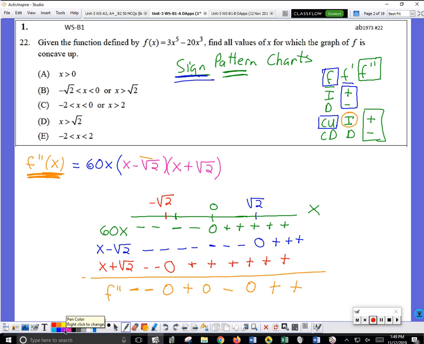So you can make a note of that if you want. So here f is concave down. Here f is concave up. Like that.